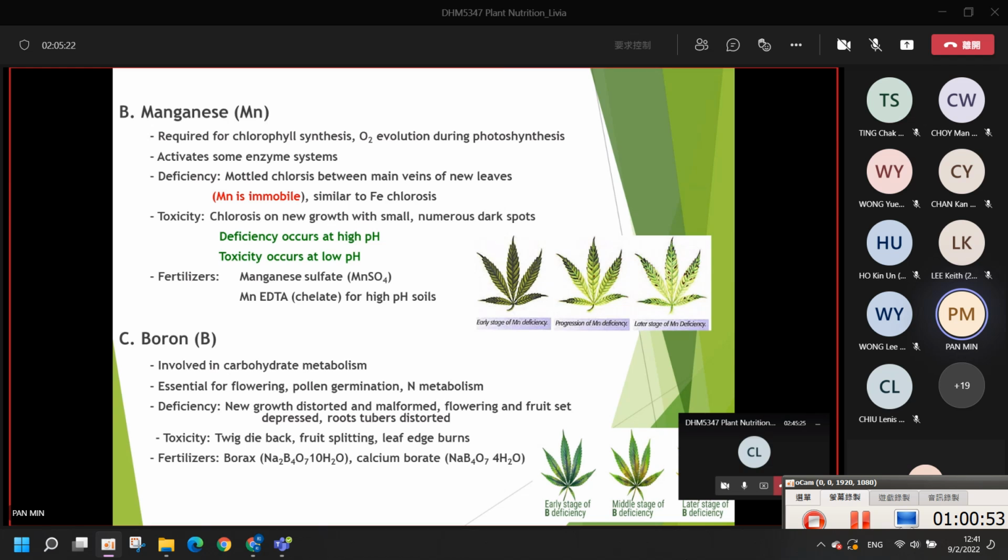The deficiency shows on the new growth, which is distorted and malformed, with flowering and fruit set depressed and root tubers distorted. The toxicity caused by boron shows as twig dieback, fruit drop, and leaf edge burns. And here shows the commonly used fertilizer for boron.